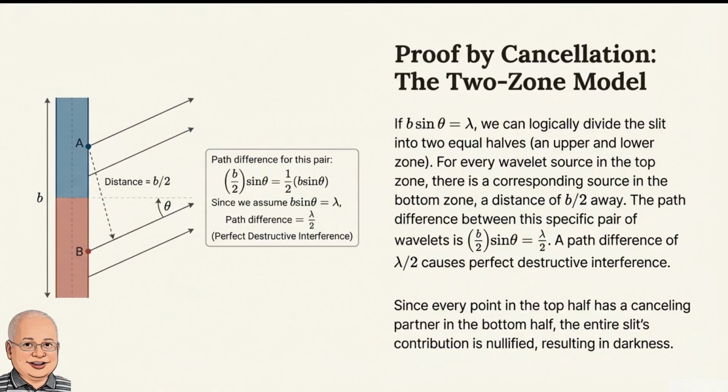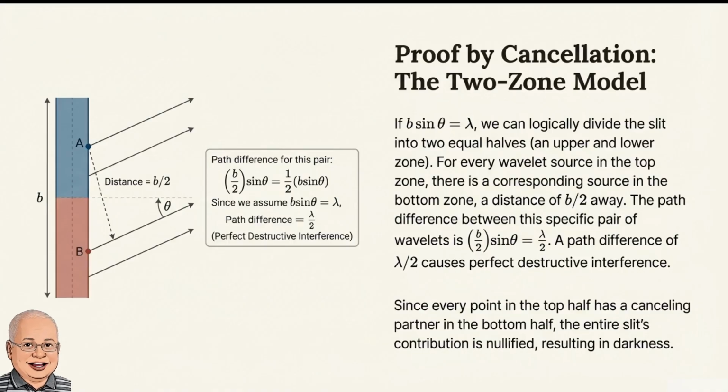For every wavelet source in the top half, in the A zone, there is a corresponding source in the bottom zone that is b by 2 away. So A to B distance is b by 2. Why?